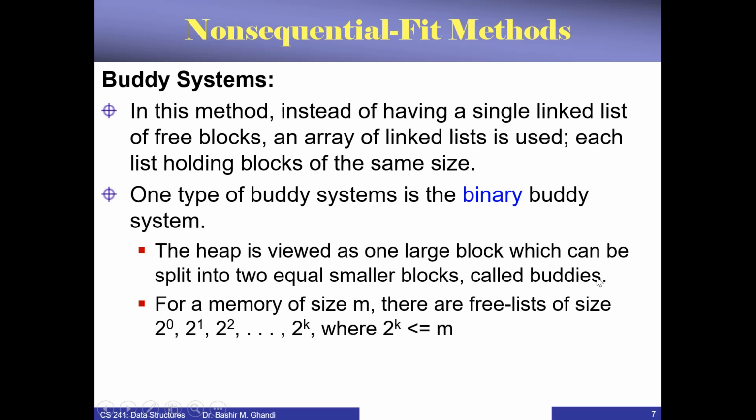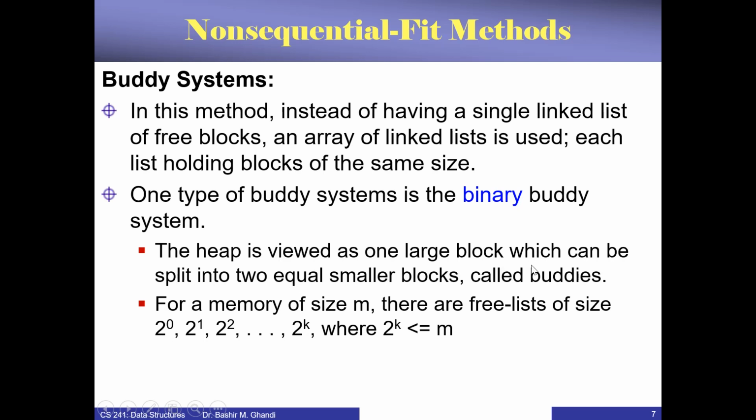So for example, for a memory of size M, assuming the heap is of size M initially, the free list will consist of linked lists containing memory of the following sizes. We're going to have a linked list containing 1 byte only, 2 to the power 0 is 1.